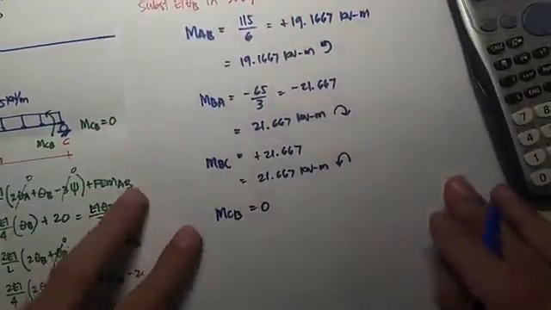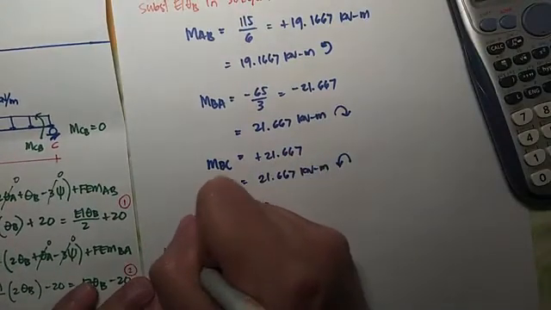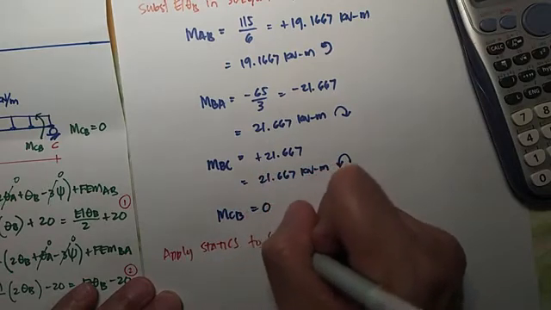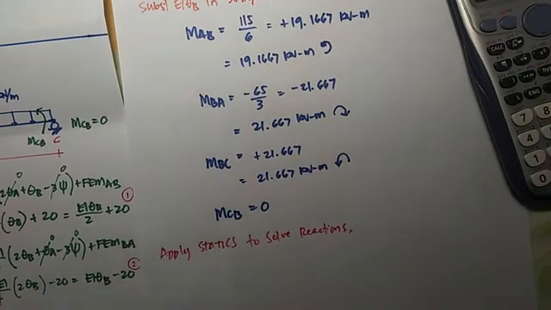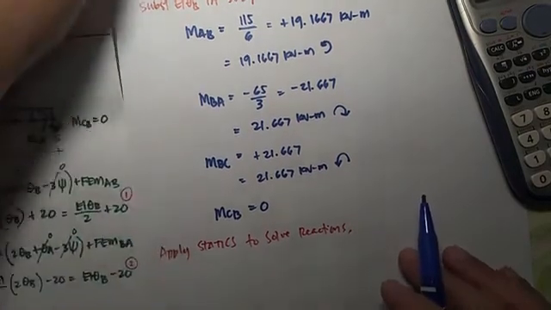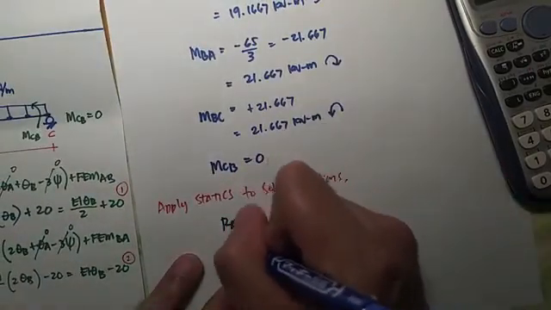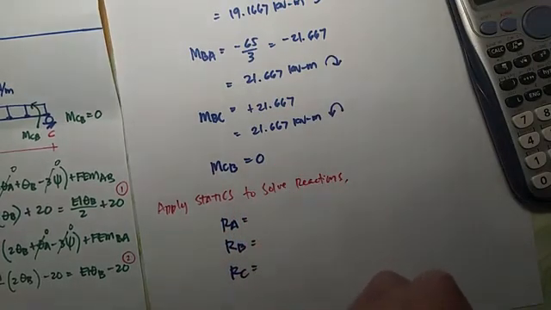Then after this, applying statics. So apply statics to solve the support reactions. So doing that, I won't be discussing this anymore. It could give you the reaction at A, the reaction at B, and finally the reaction at C. Okay, so the answers there.